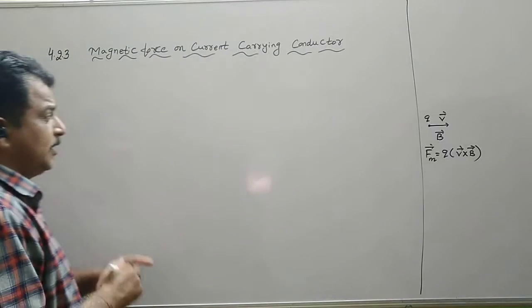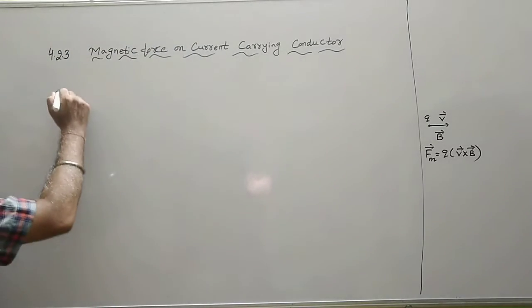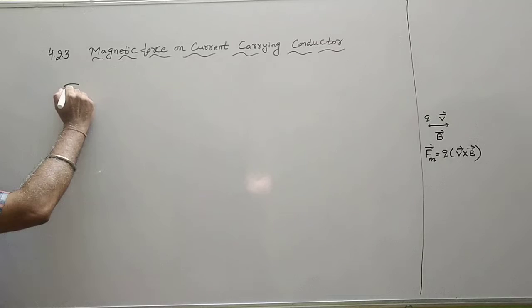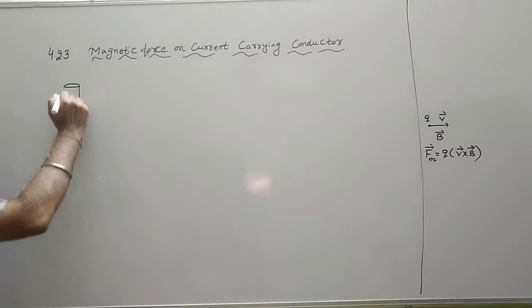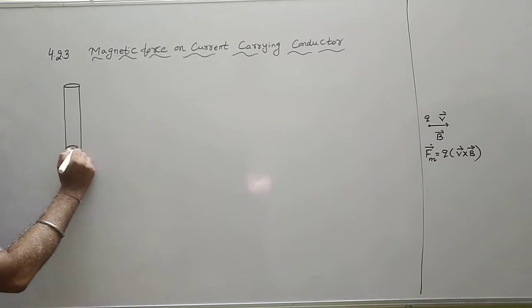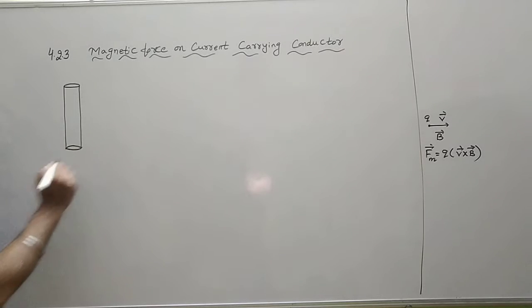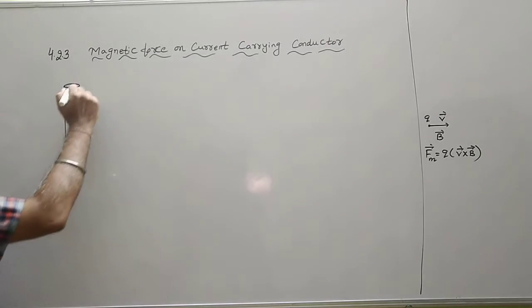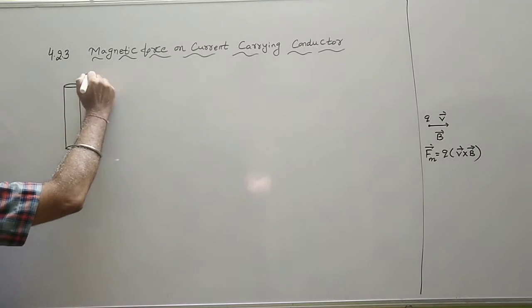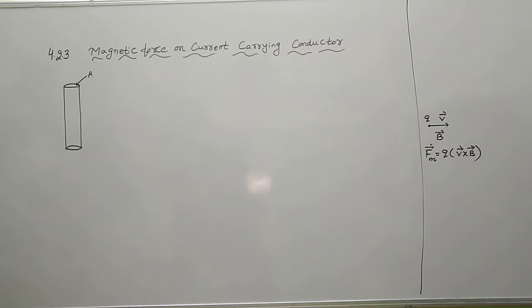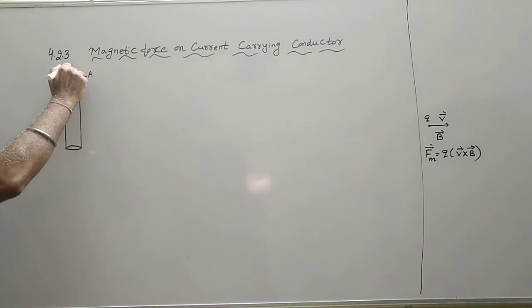So let us consider a conductor, to understand this, having the cross-sectional area A. So this is the cross-sectional area.